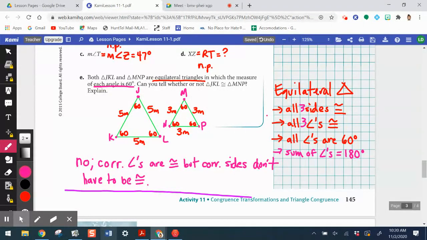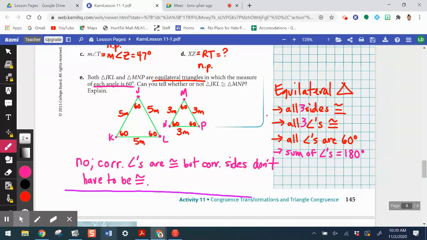Which starts to make you think, can you tell whether or not they're congruent? Well, their corresponding angles might be congruent. In fact, if all three angles of this triangle are 60 degrees, and all three angles of this triangle are 60 degrees, it definitely leads you to believe that they would be congruent triangles. But in order for triangles to be congruent, corresponding angles have to be congruent, but corresponding sides also have to be congruent.